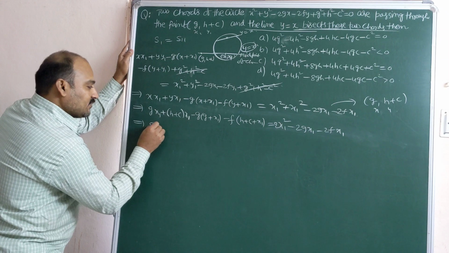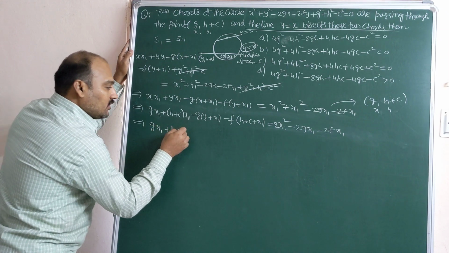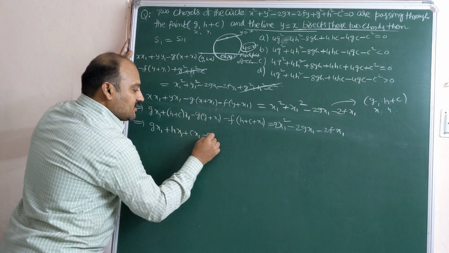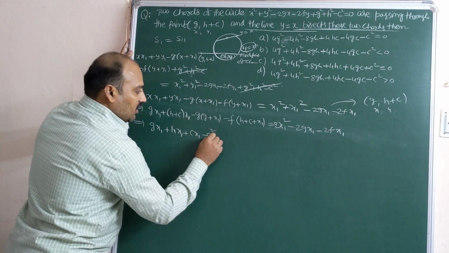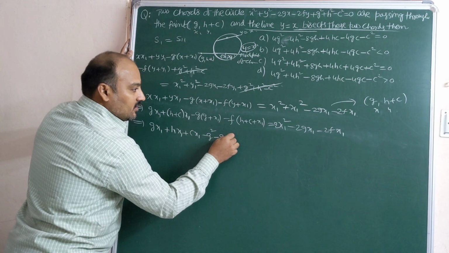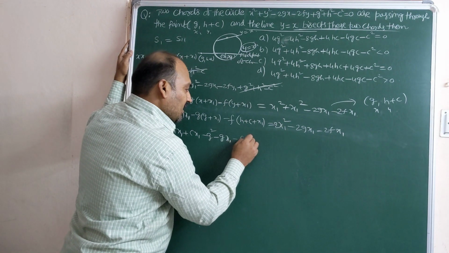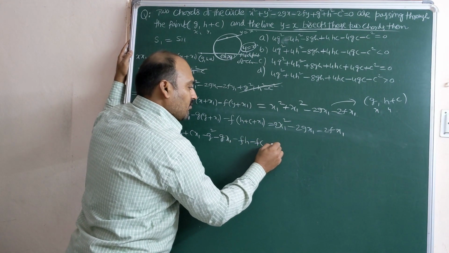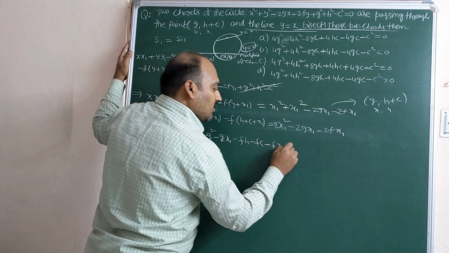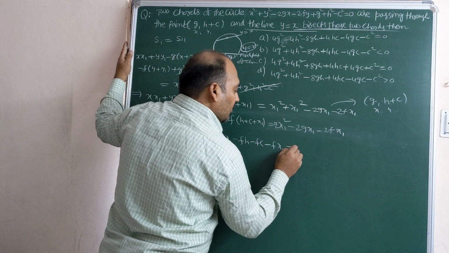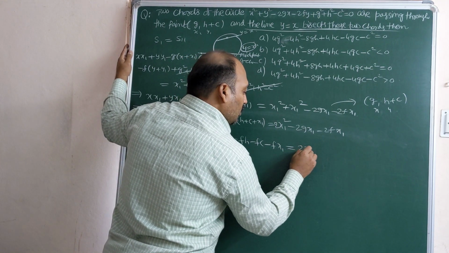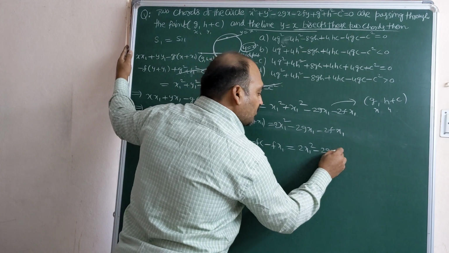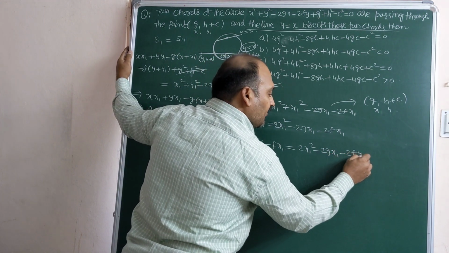So here gx1, hx1 plus cx1, minus g square, minus gx1, minus fh minus fc minus fx1, is equal to 2x1 square minus 2gx1 minus 2fx1.